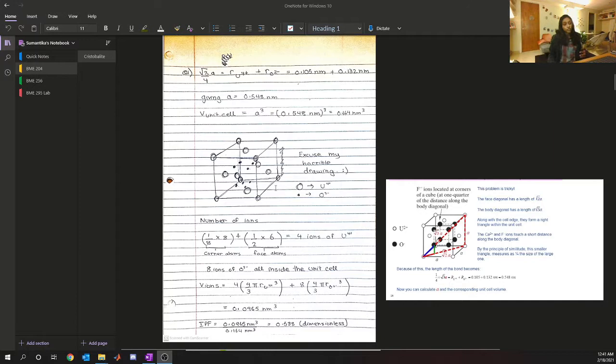Now the first question talks about UO2, which is based off of CaF2's crystalline structure.